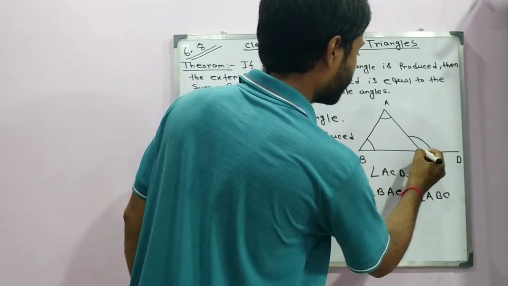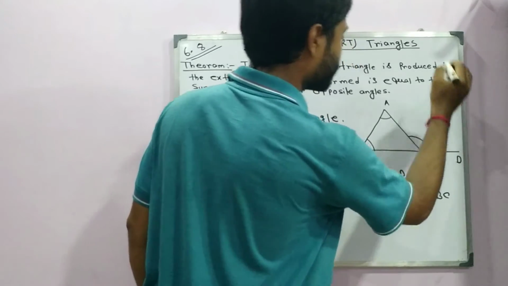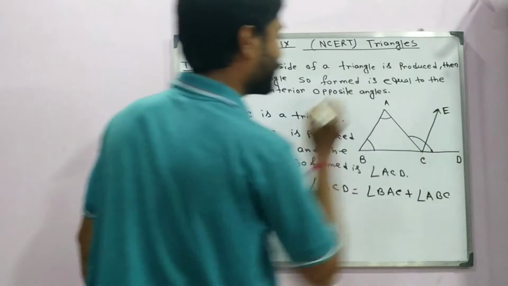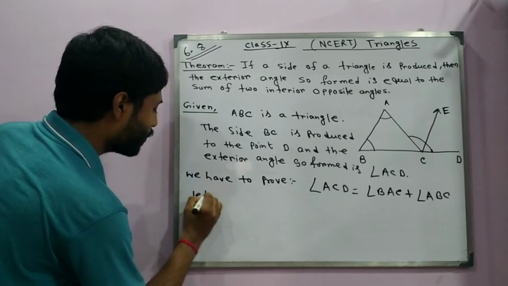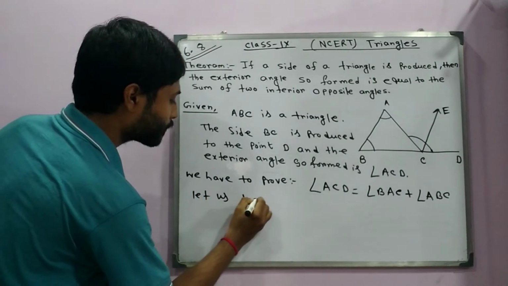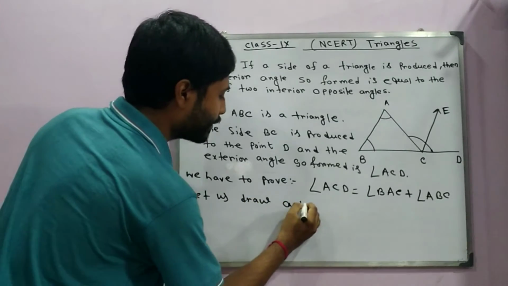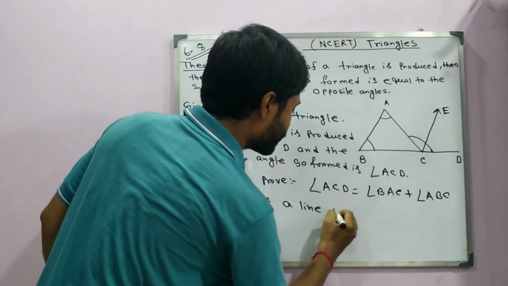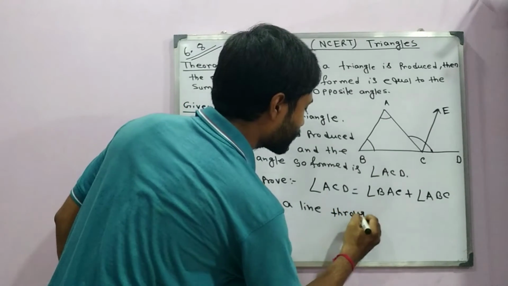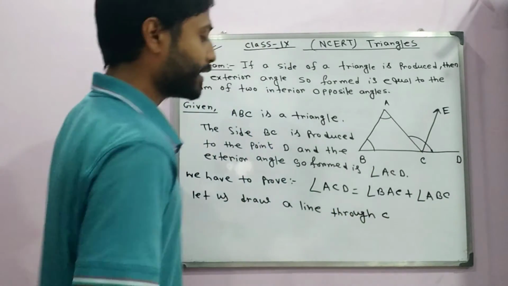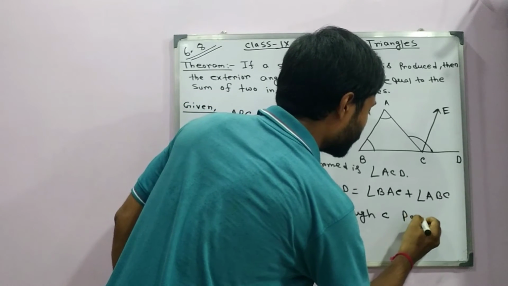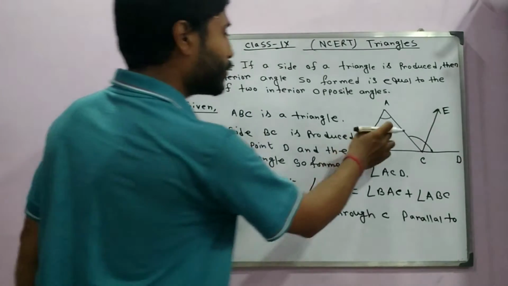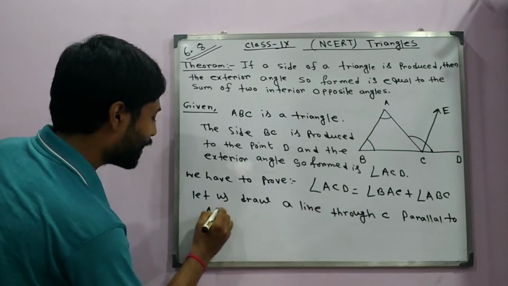First let us draw. What did you draw? CE. Let it be named CE. Let us draw a line through C parallel to AB.